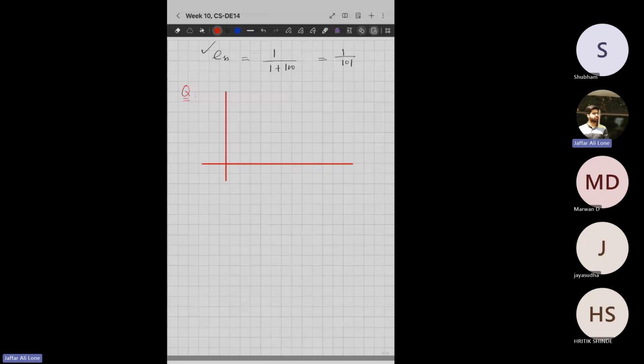So the Bode plot is like this. This is the Bode plot which is given. Again, no need to write, this is log of omega, and this is in decibels.